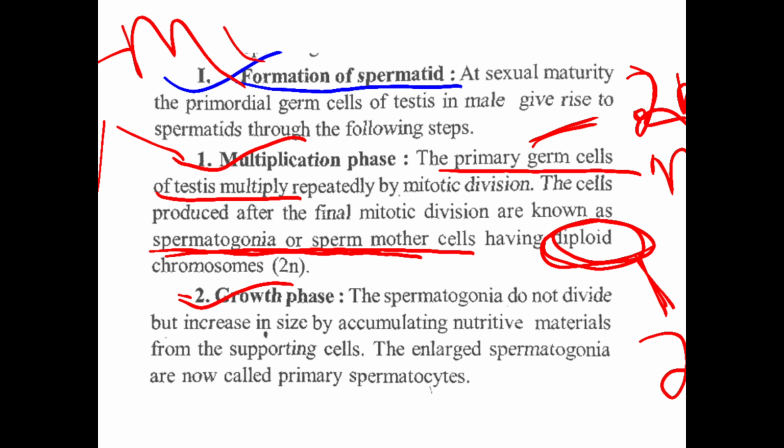Then the growth phase. In the growth phase, the spermatogonia formed in the multiplication phase do not divide. They increase in size by accumulating nutrition. They get the nutrition from the supporting cells, also called Sertoli cells.